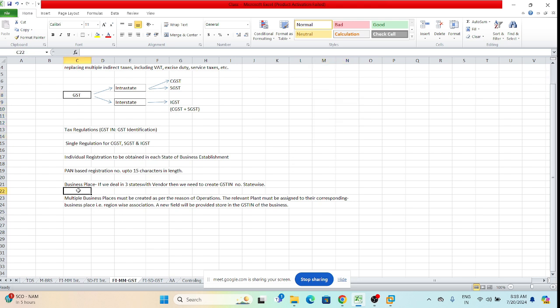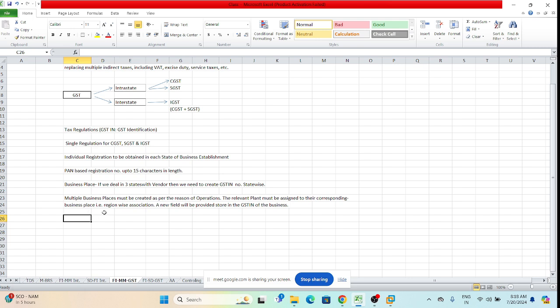Now see: PAN based registration, up to 15 characters in length. We need to fill the PAN based registration number up to 15 characters in length. Then business place: as I have explained, if we deal in three states with vendors, then we need to create a GSTIN number state wise.